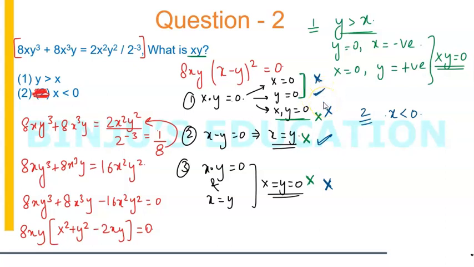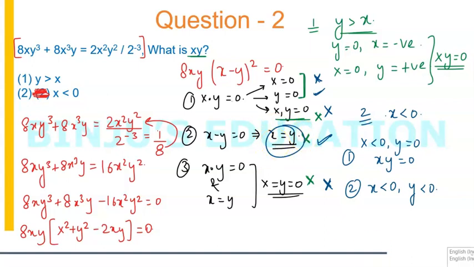This is possible because even if y is equal to 0, x can still be negative and still x into y will be 0. So one case is when x is negative and y is 0 and overall xy is 0. Another case is when x is less than 0, then y will also be less than 0 because x is equal to y. In that case, xy is positive.